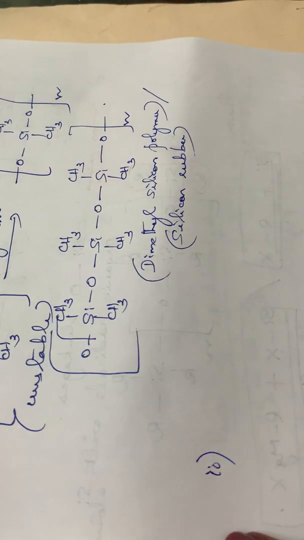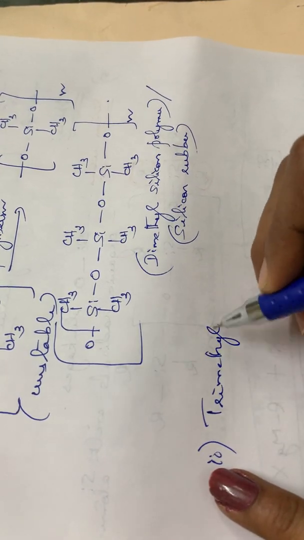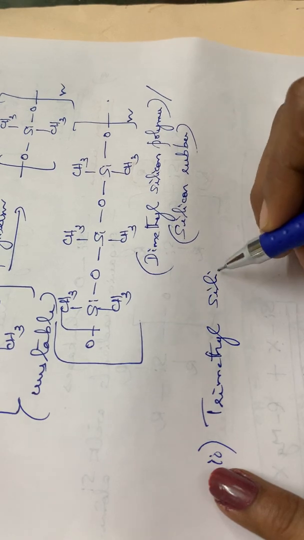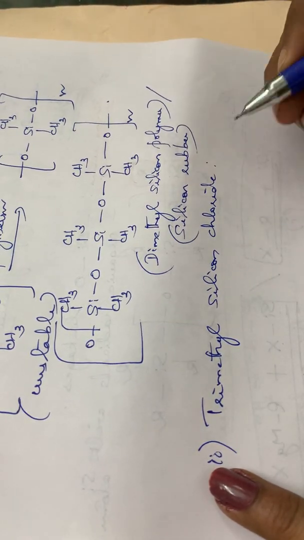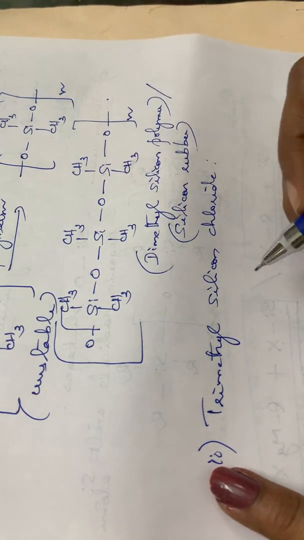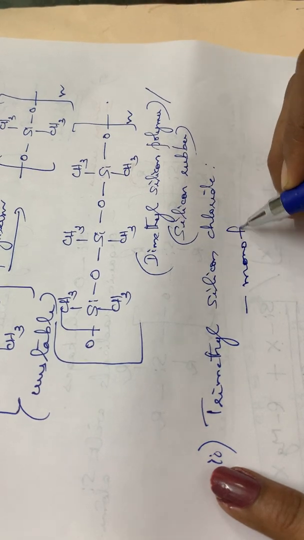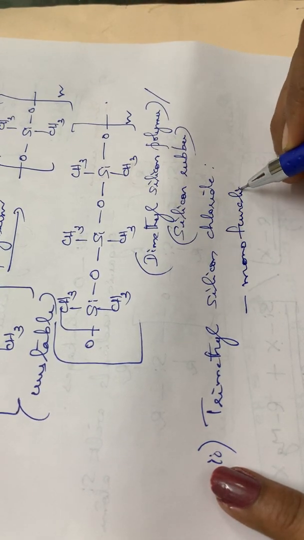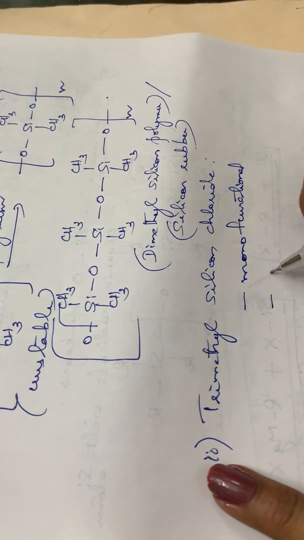Then the second one is trimethyl silicon chloride. Trimethyl silicon chloride means it will have 3 methyl groups and 1 Cl group. So it is monofunctional, that is, one replaceable chlorine atom is present, and it is also a chain stopper.